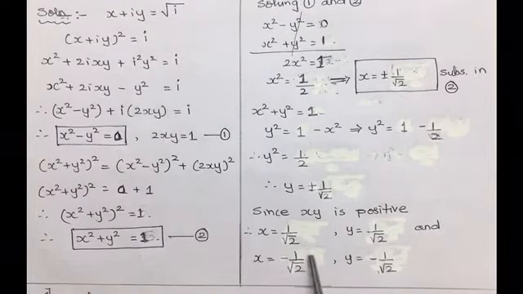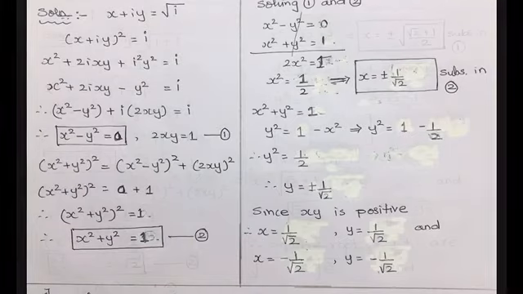X is equal to minus 1 by root 2, y will become equal to minus 1 by root 2. Now keeping these values for the square root, we'll get the square root of root i. Complete the final answer.